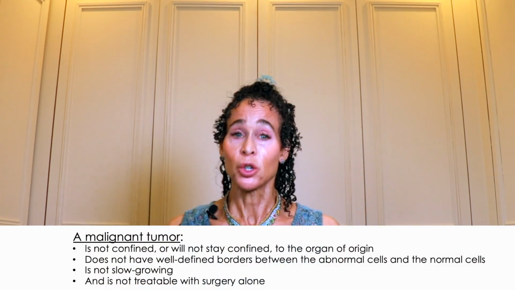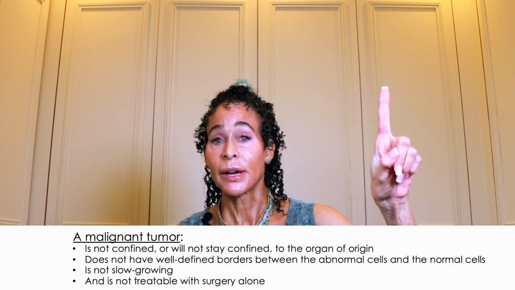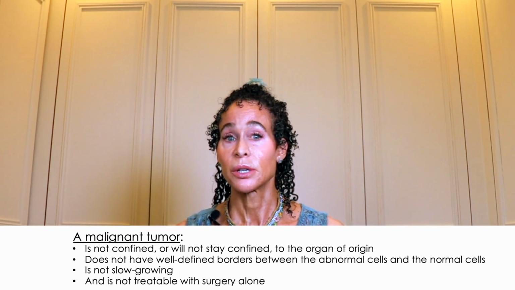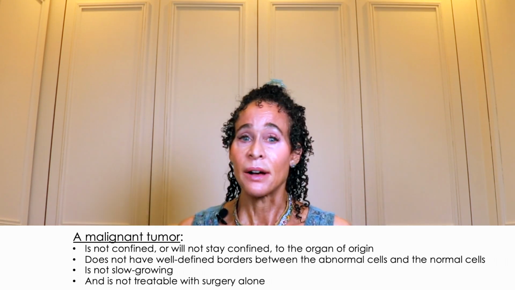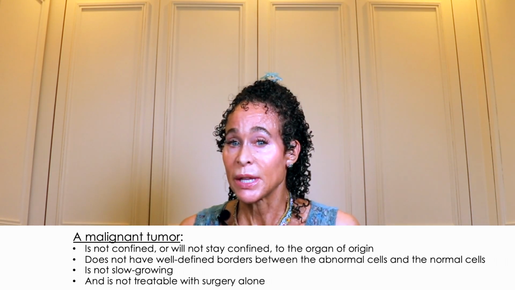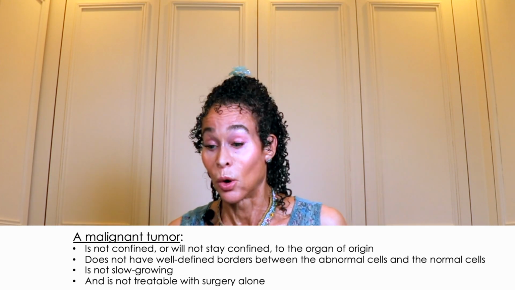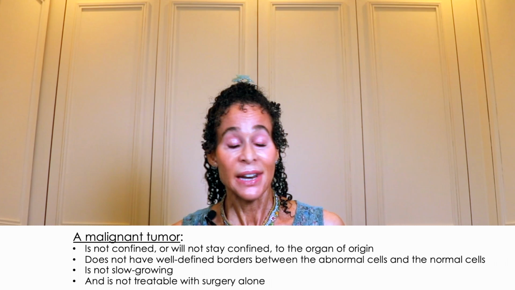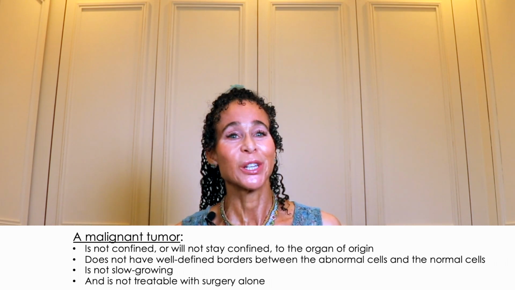A malignant tumor is not confined or will not stay confined to the organ of origin, does not have well-defined borders between the abnormal cells and the normal cells, is not slow-growing, and is not treatable with surgery alone.